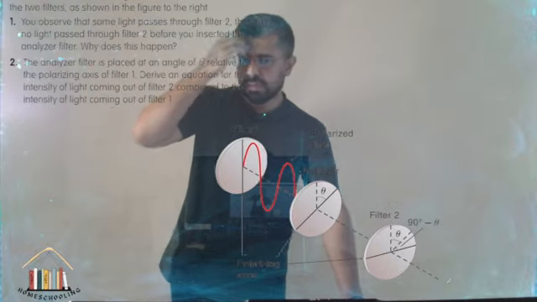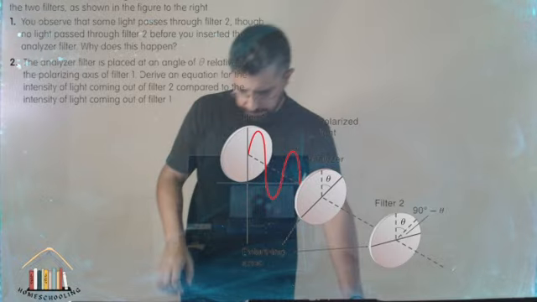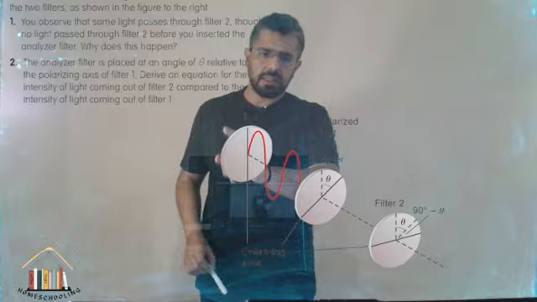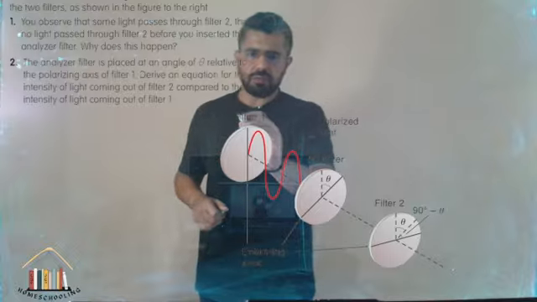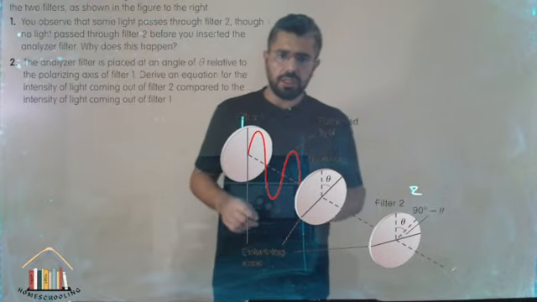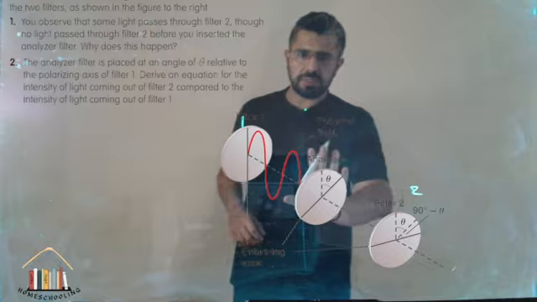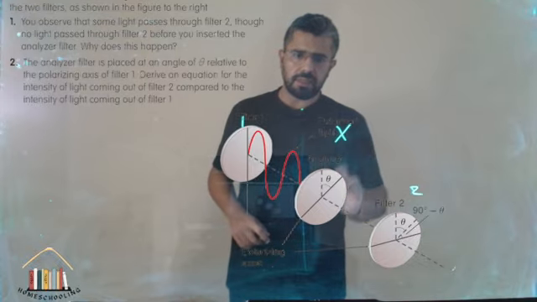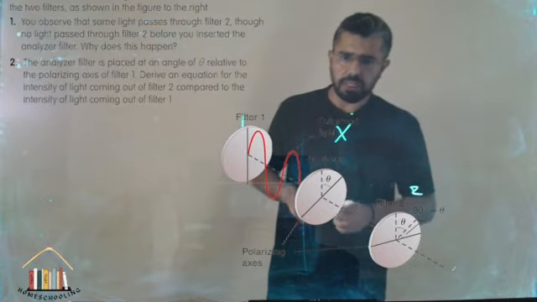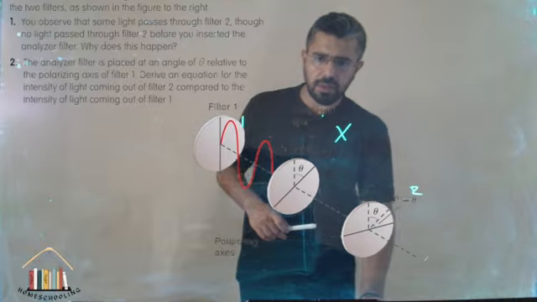Why does this happen? Let's go through the scenario again. At the beginning we have only two polarizers: one here, and the second one here. Imagine the one in the middle does not exist.